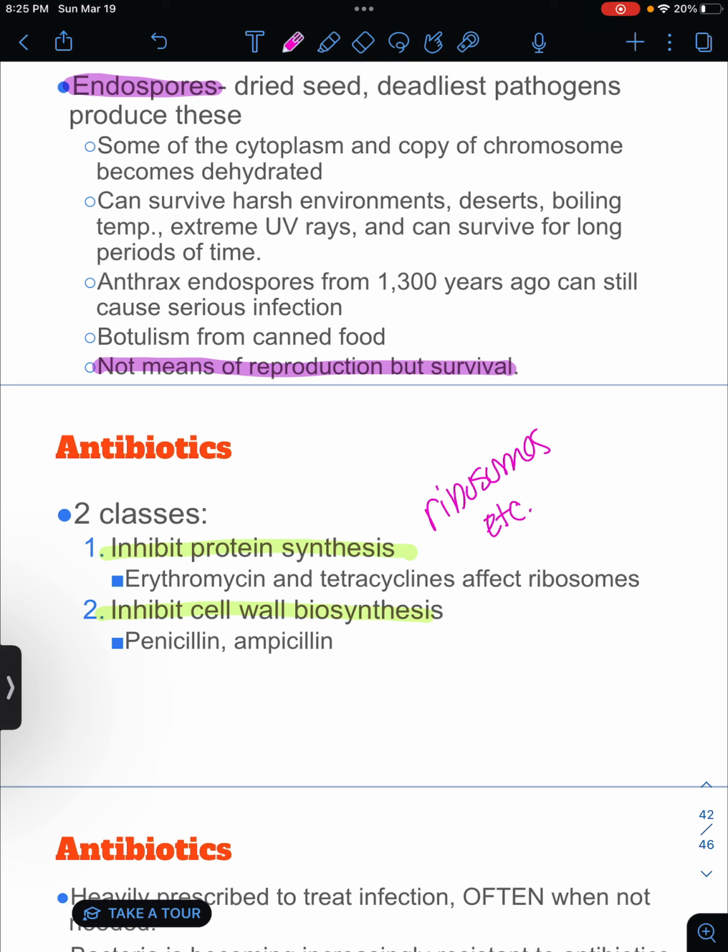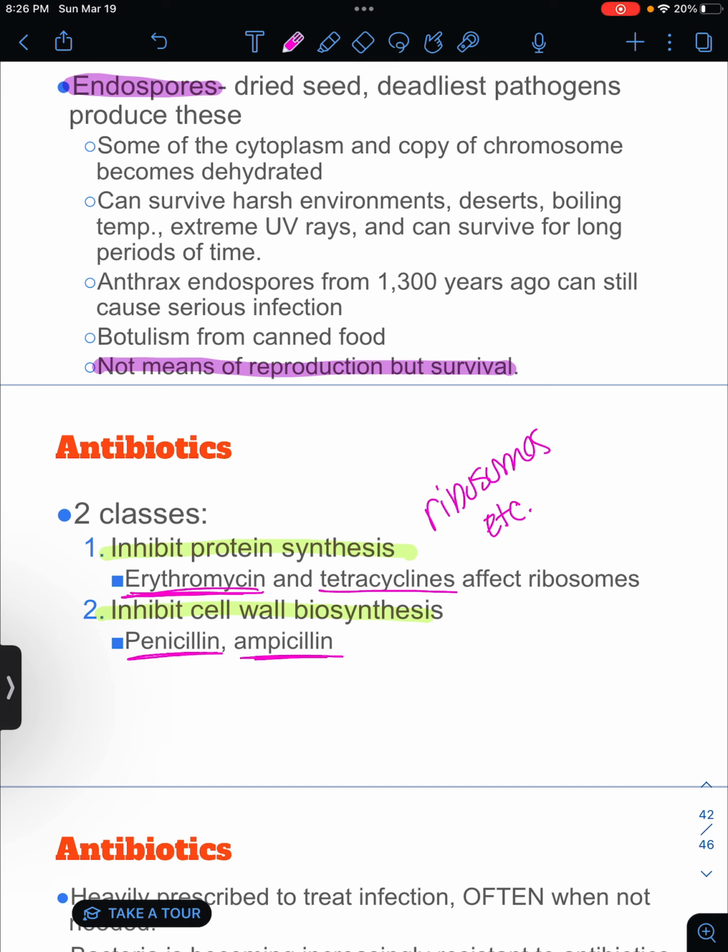Some examples of the first, the ones that inhibit protein synthesis: erythromycin, I know you've heard of that before, and tetracyclines. The ones that inhibit cell wall biosynthesis kind of say, stop, you're not producing any more cell wall, so those bacterial cells can't be made anymore, they can't reproduce or go through binary fission. Things that stop that are penicillin and ampicillin.